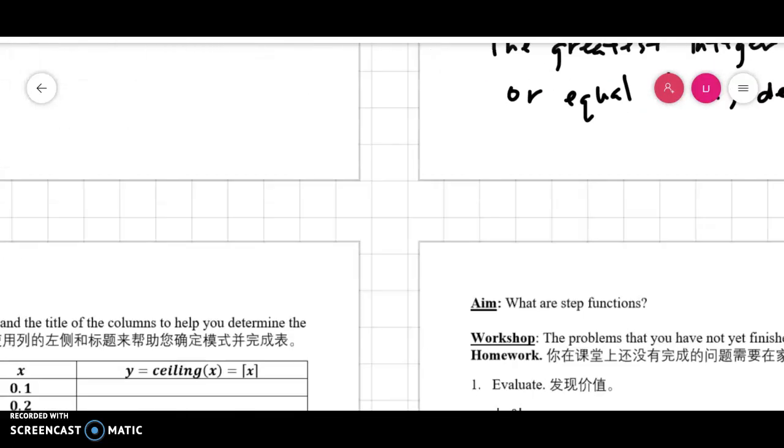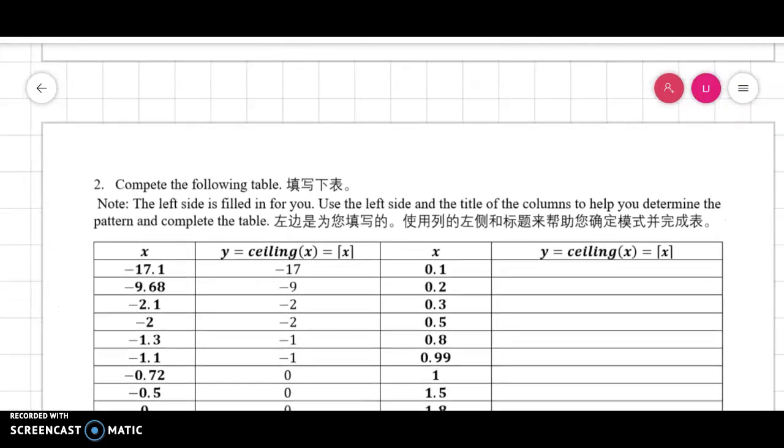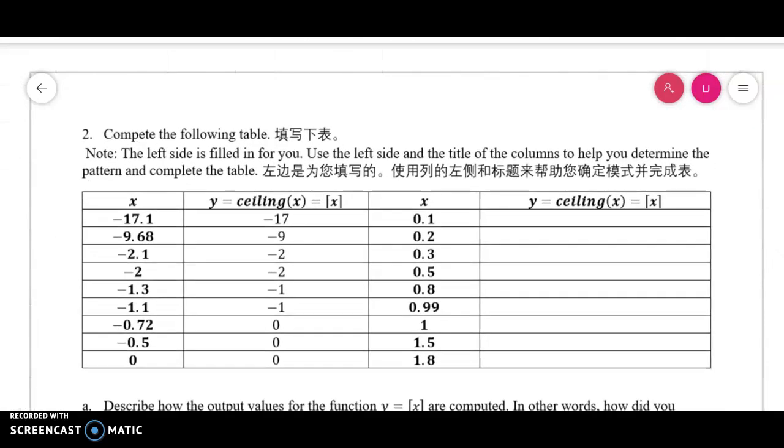All right, so let's now look at a different kind of function. Notice this doesn't say floor anymore. Now this says ceiling. So ceiling is going to work very similarly, except instead of looking at the next closest integer below, we want to look at the ceiling, and the ceiling is above us. So we can see, okay, negative 17, the next closest integer that is above negative 17, if we make our little number line, negative 16, negative 17, negative 18, negative 17.1 is like right here.